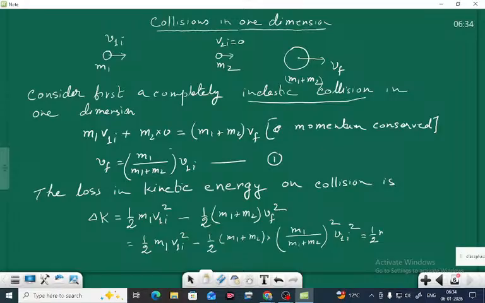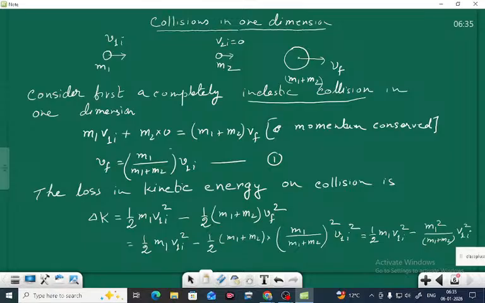So we get 1 by 2 m1 v1 initial square minus: m1 plus m2 will cancel with one factor, and this will be m1 square divided by m1 plus m2, into v1 initial square.